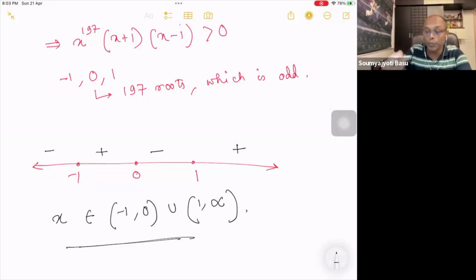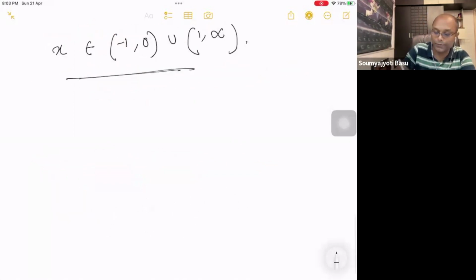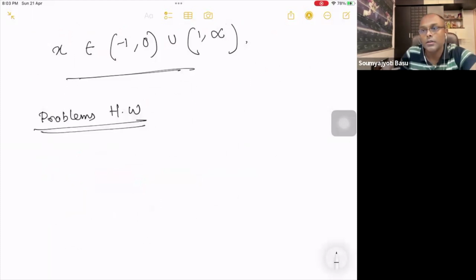I have two problems as homework for you. These are related to these two problems, but slightly complicated compared to what we did over here. You have to be a little bit careful with the polynomials that you get.